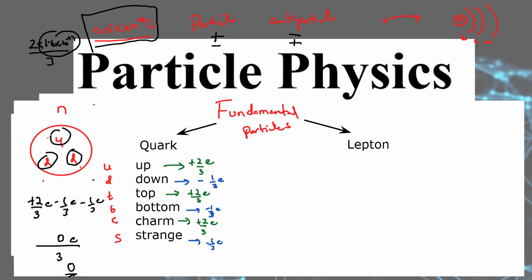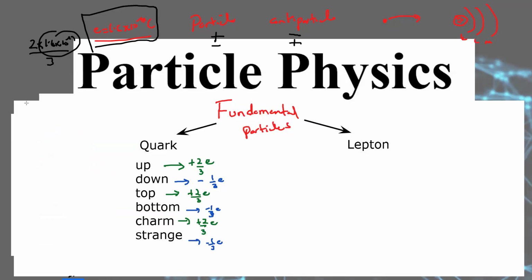Is it clear? Anyone having a doubt or a question about the fundamental particles of the quark family? Then these are particles. But if I want to write an antiparticle, what will be the antiparticle? So these are all quarks.